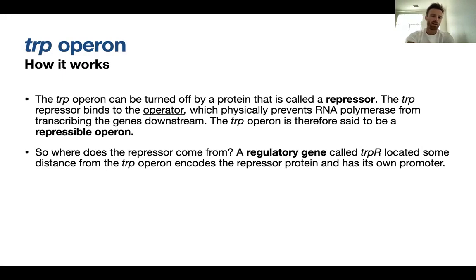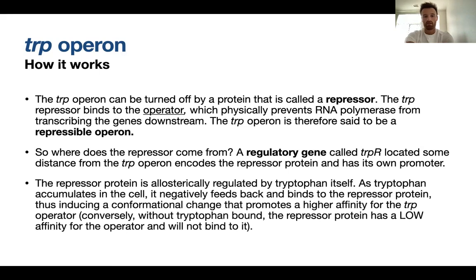And so this gene is called trpR for regulatory. And again, it encodes for this repressor protein, and it has its own promoter. Okay. Now here's where things get trippy. Oh boy, you're going to have to use that one in the future.